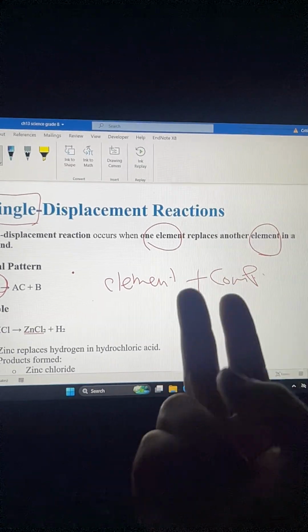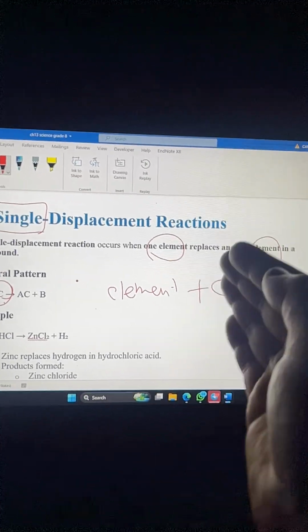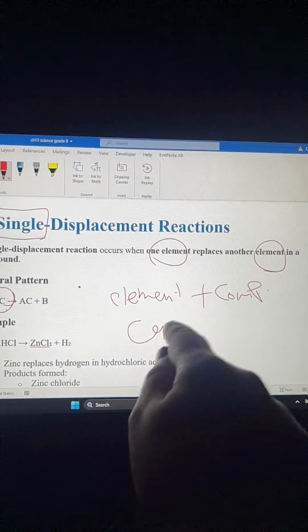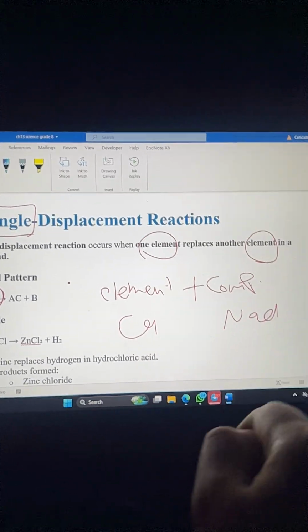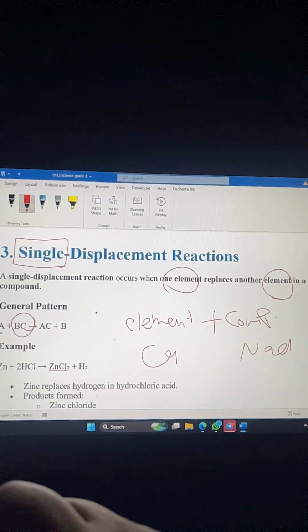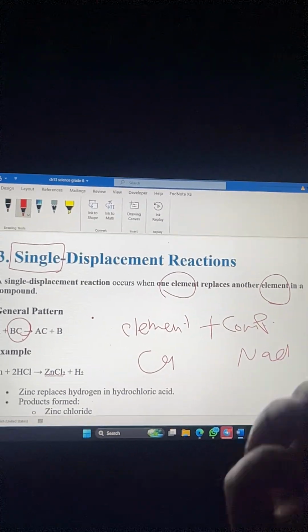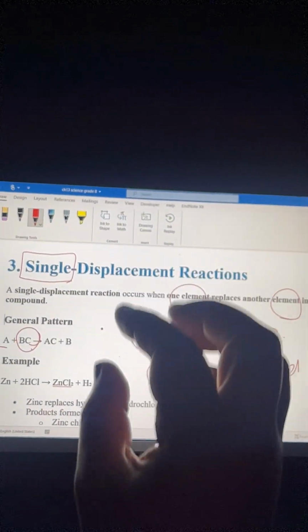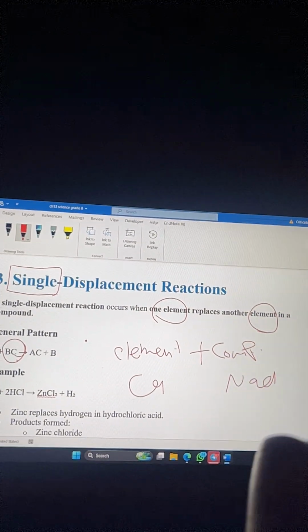It means it is made up of two parts, positive and negative. For example, we have Ca and NaCl, the element with the compound. So how are you going to recognize the single displacement reaction? When you have a single element with a compound.